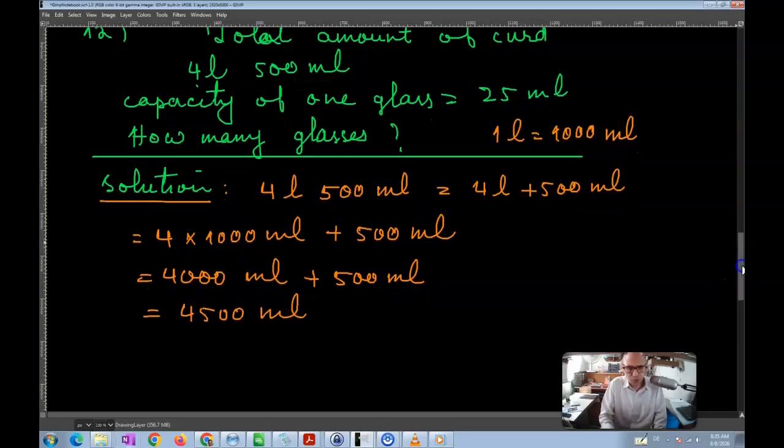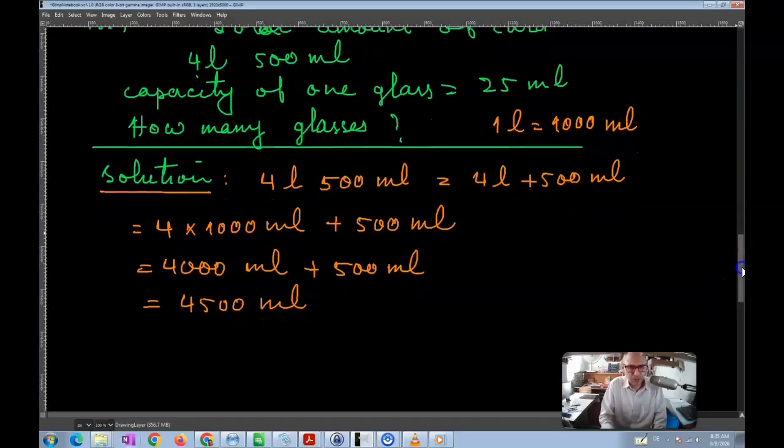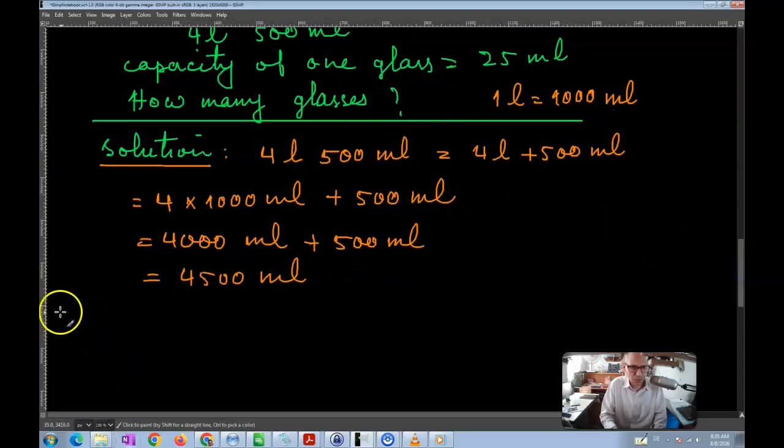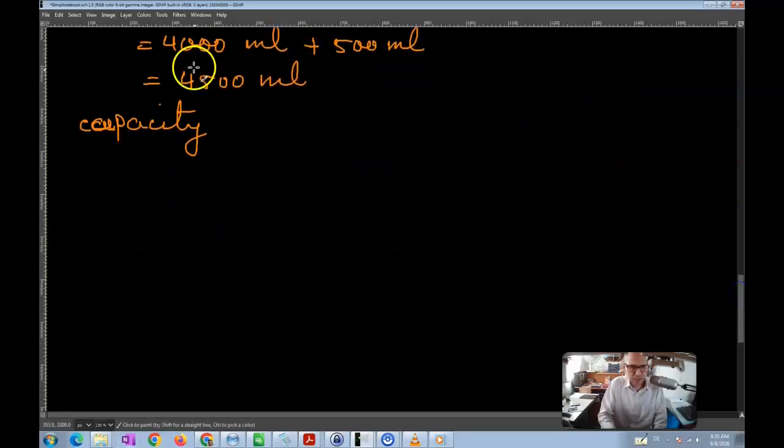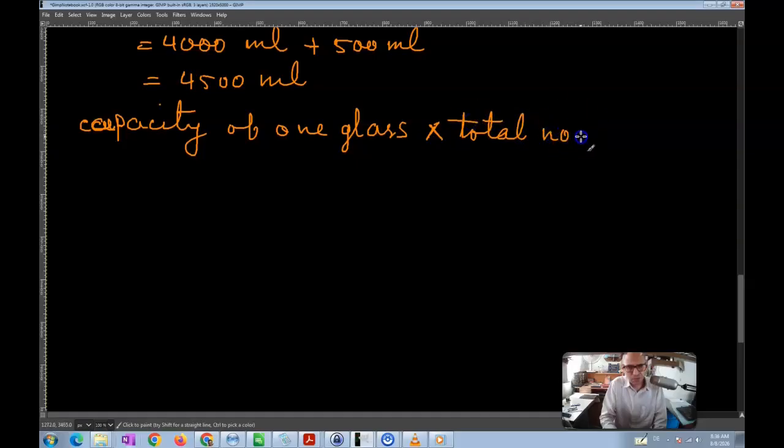So I'm going to say that the capacity of one glass times the total number of glasses is going to be equal to the total amount of curd.